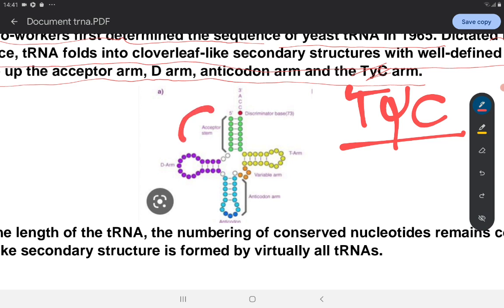So this is the acceptor stem, which has the conserved ACC sequence, where the amino acid comes and joins, right? At the acceptor stem, the amino acid comes and joins to the ACC structure at the 3' end.